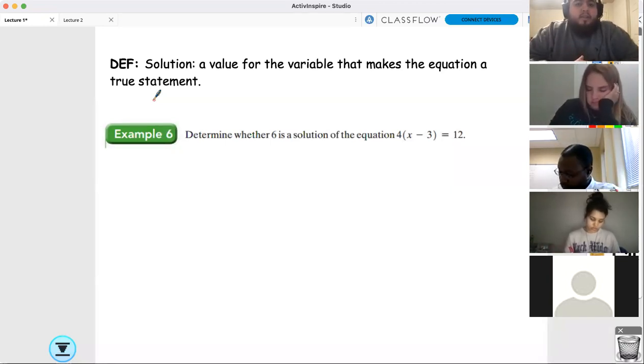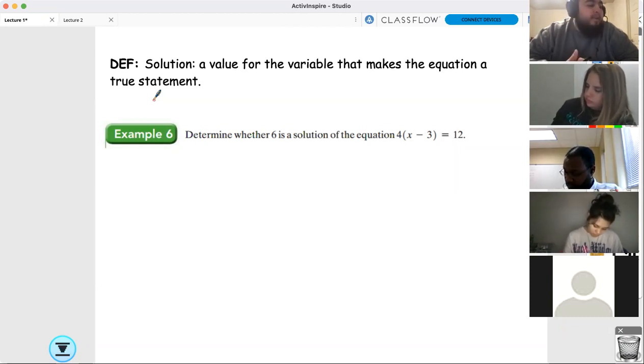Definition: a solution is a value for the variable that makes the equation a true statement. Example 6: determine whether 6 is a solution of the equation 4 parentheses x minus 3 parentheses equals 12. I'll give you a moment to set that up in your notebook before I jump into it, okay? Make sure you write this definition and example 6, and then we'll jump into it.